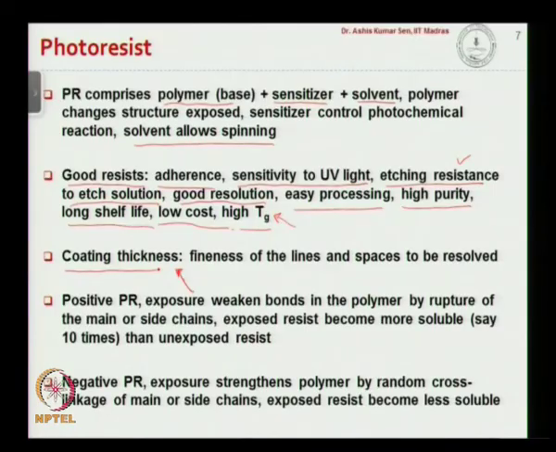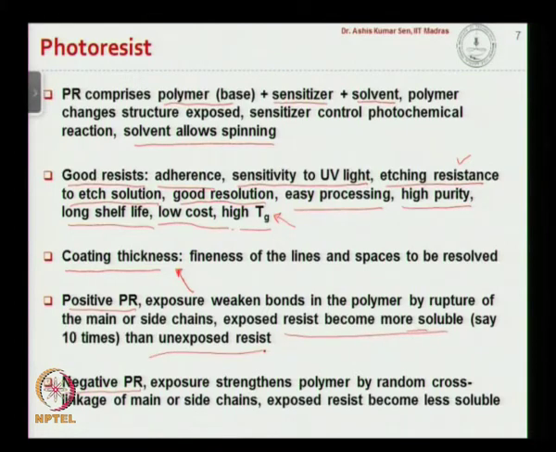Okay. So there are two types of photoresist, one is positive, the other one is negative. In case of positive photoresist, in the exposed areas, the bonds will become weak, it will be broken, and so the exposed resist becomes more soluble than unexposed areas. Okay.